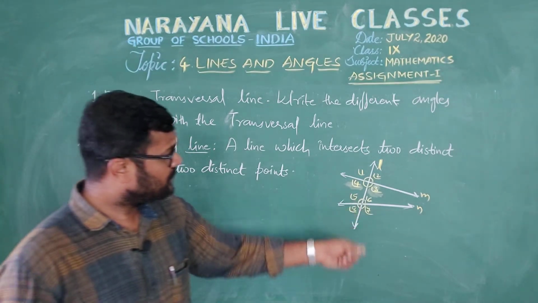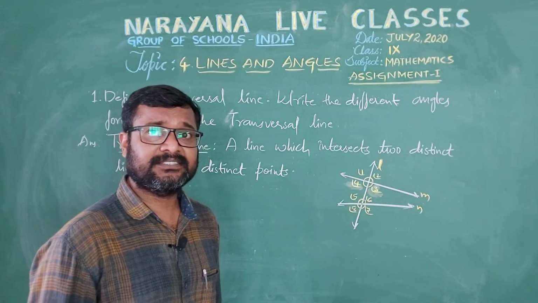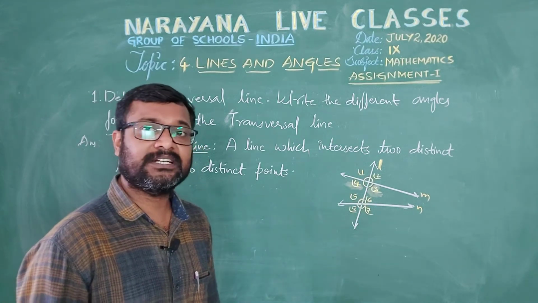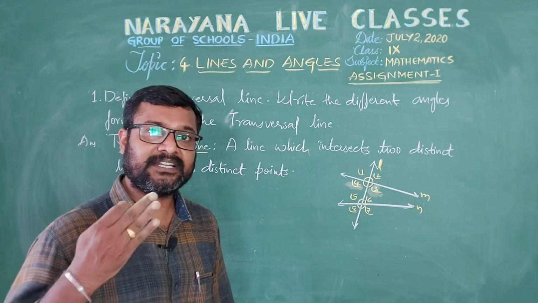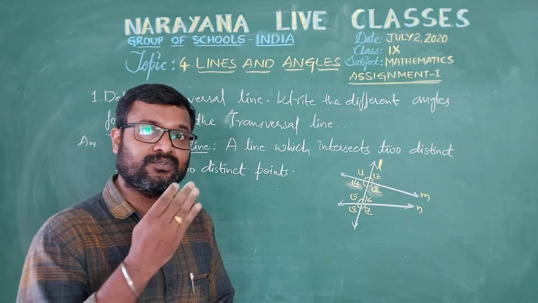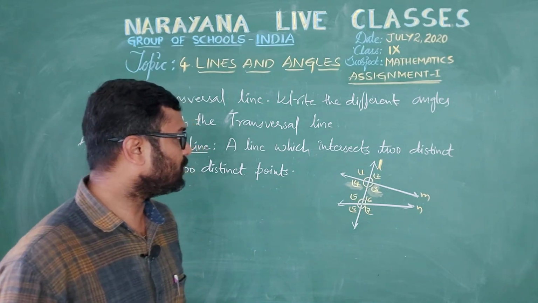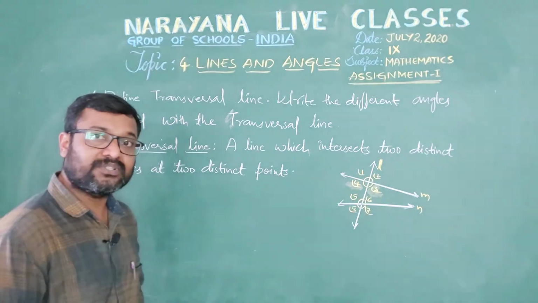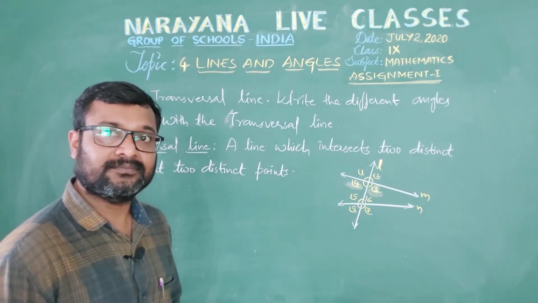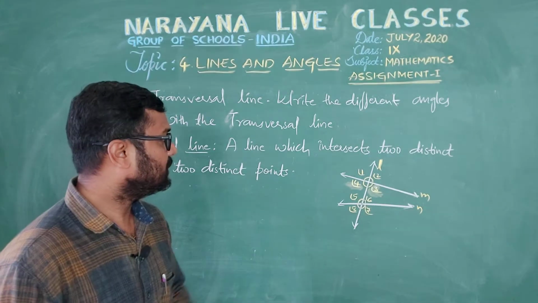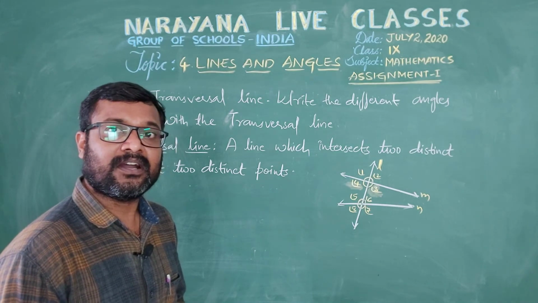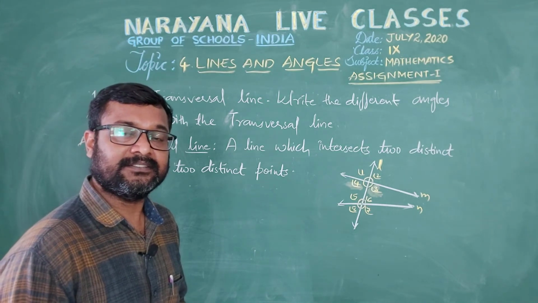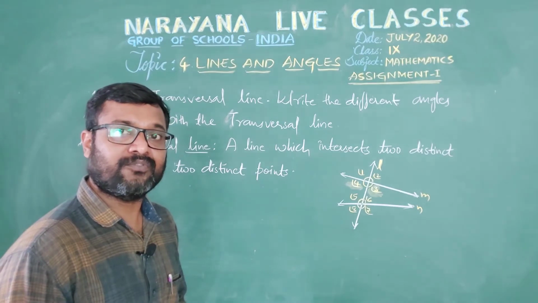See, we have 8 different angles formed with the transversal line when it intersects two distinct lines. These angles are basically divided into 4 types.